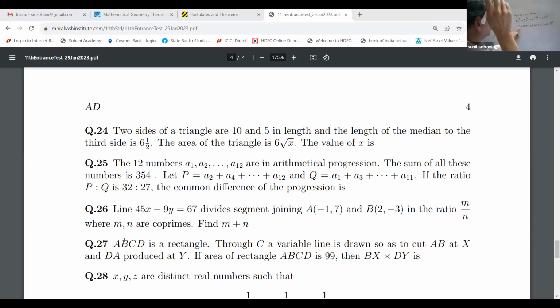So this is 125, this is 84.5, and the difference is 2 AD square.